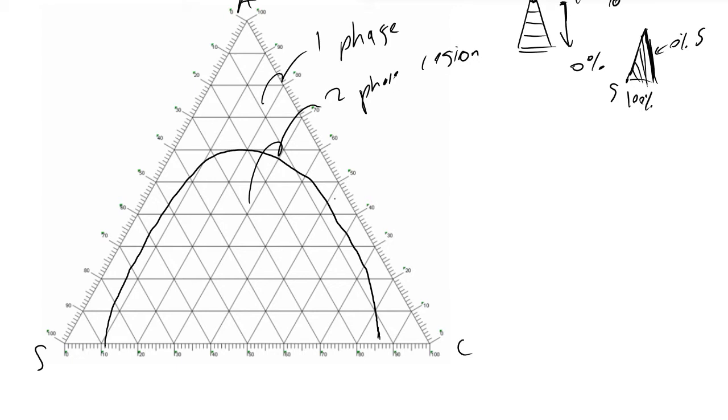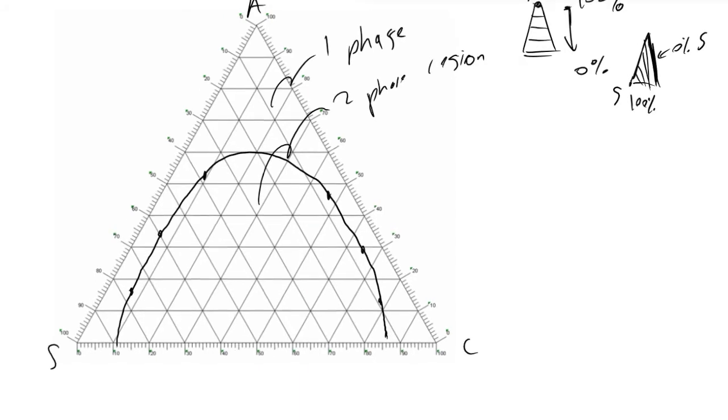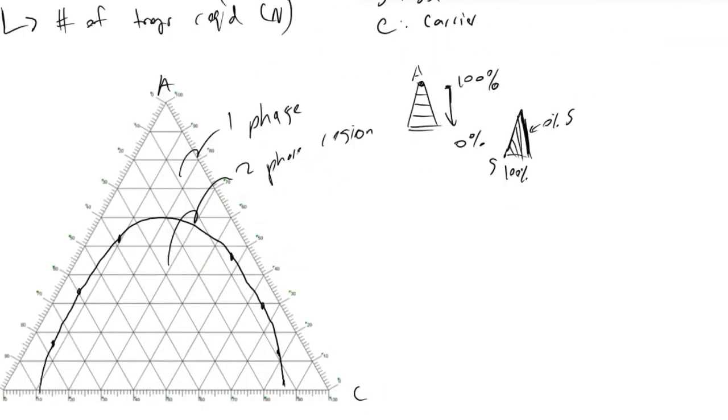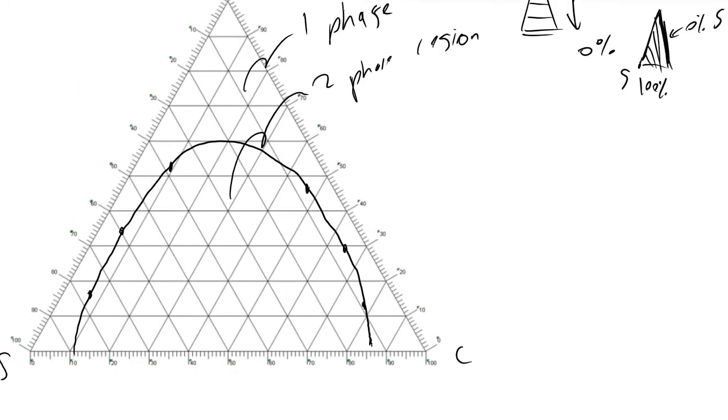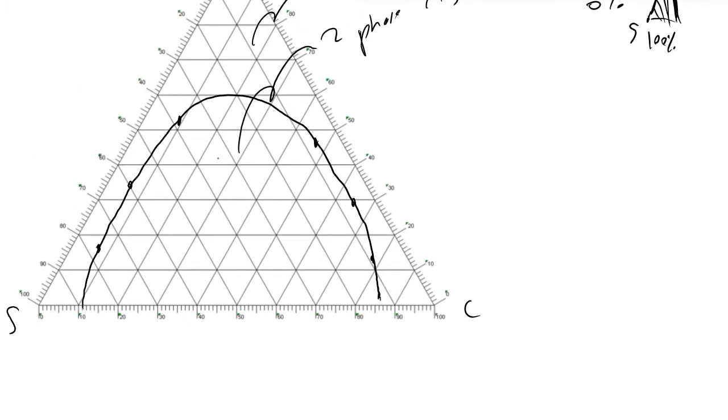And these compositions are tabulated, you will be given them, and with these values, we can draw things called tie lines. And these tie lines tell us how a particular solution will distribute itself amongst the two phases within this two-phase region. And so with these tie lines, we draw lines across them.